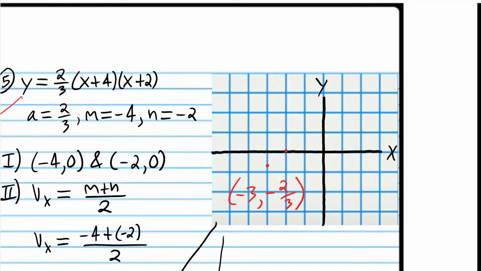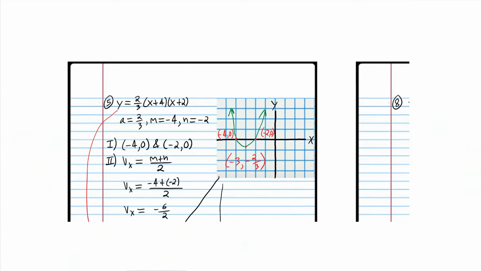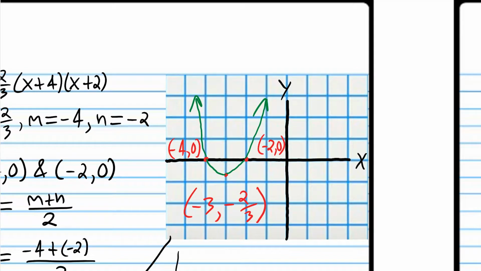So we know -2 is a point and -4 is a point. So that point was -2, 0, and we have -4, 0. And we can just connect the dots. And if your parabola looks generally like that, then that's what we're looking for. It doesn't have to be perfect, but it does have to look like a parabola.